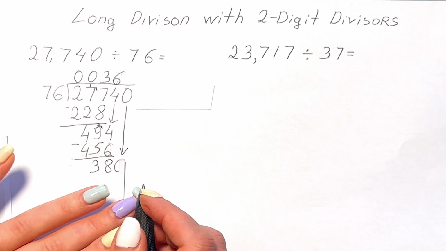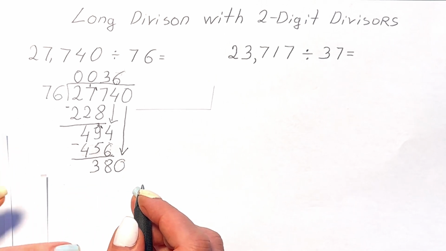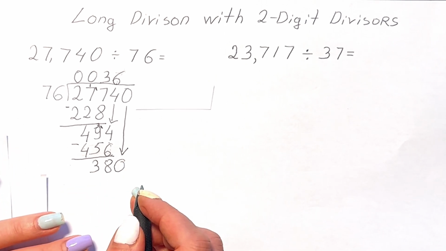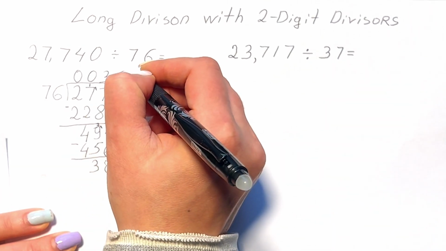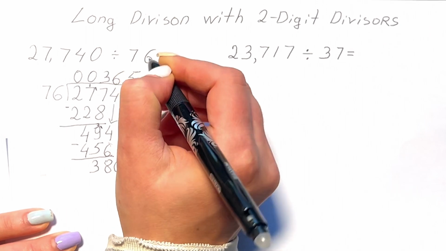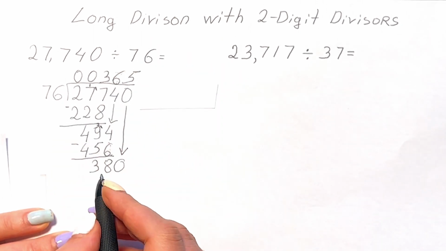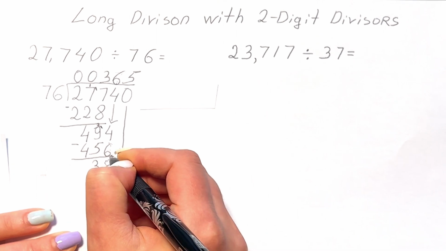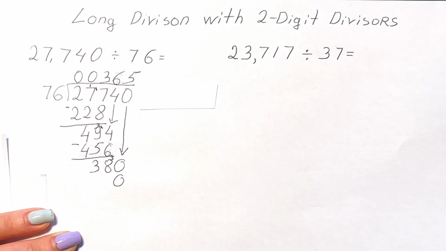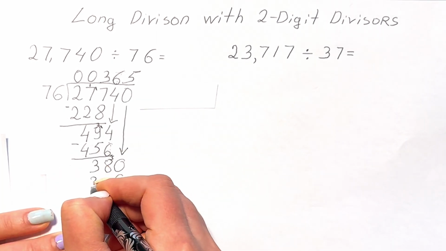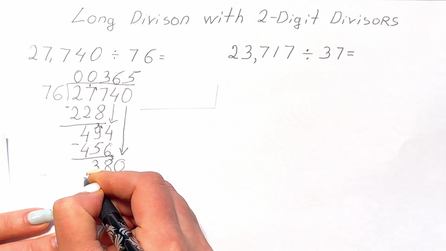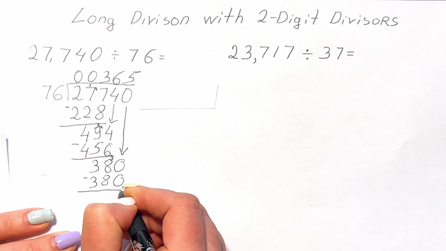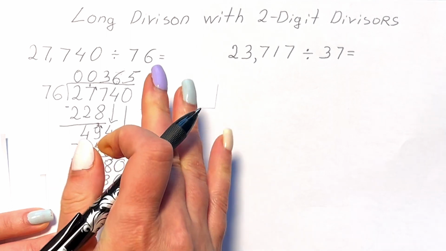It means 76 goes to 380 5 times. Let's put the 5. Okay, 5 times 6 is 30. I'm gonna carry the 3. 5 times 7 is 35. 3 more will be 38. We will subtract and get the 0 remainder.